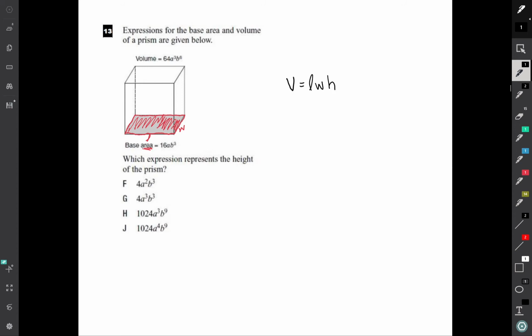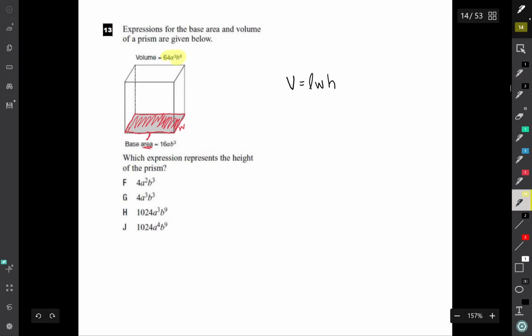Okay, so let's put in what we do know. We do know the volume. The volume is going to be 64a exponent 3, b exponent 6. So let me put that in.